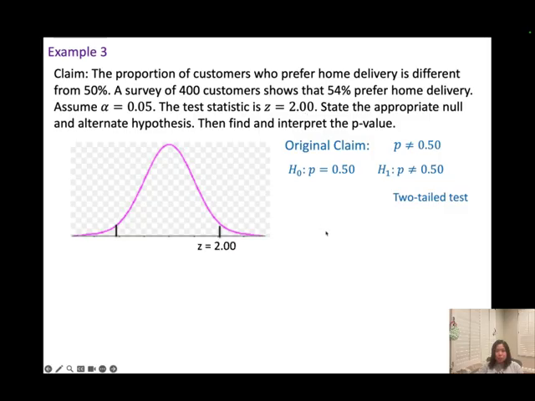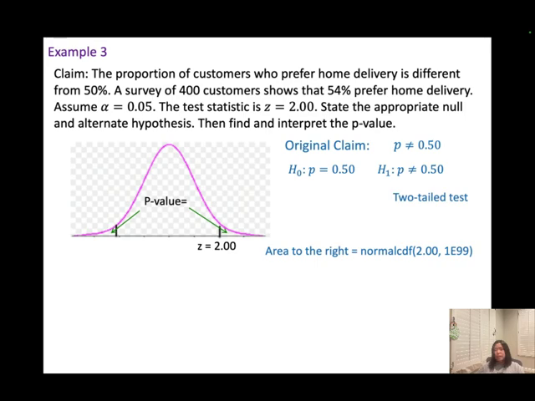And where is our p-value? The p-value will be the area of the left tail plus the area of the right tail. Right now, we only have the test statistic on the right tail. So after you use the test statistic to find the area of the right tail, you need to multiply by 2.